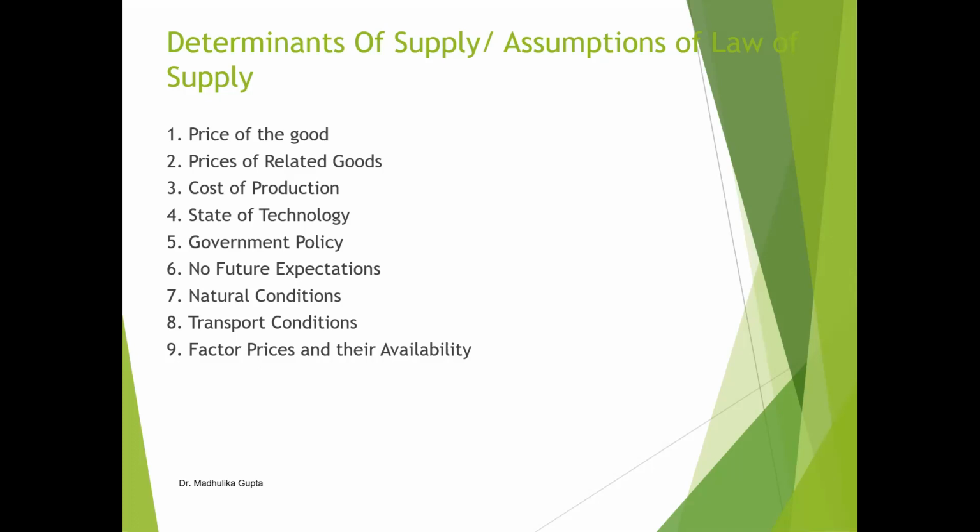The next is factor price and availability. Now factors of production act as one of the major determinants of supply. Factors of production can be inputs such as raw materials, manpower, material, equipment, machines required at the time of production.